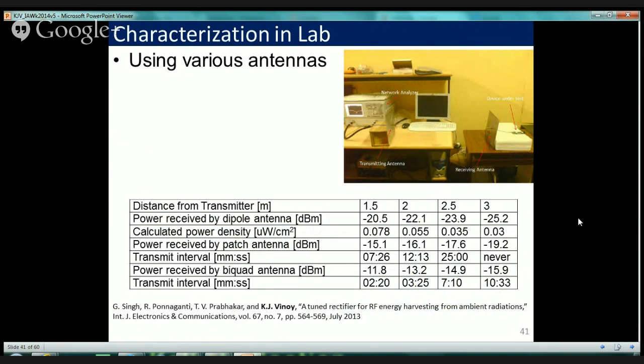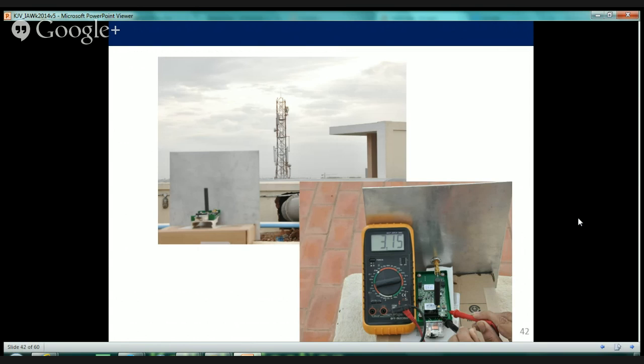As you can see, as the distance from the RF power transmitter to the receiving antenna increases, the availability becomes less, and therefore the time to transmit also increases. We also did experiments outdoors with a tower about 200 meters away, and could get voltage across the capacitor, the storage device that could be used for this.